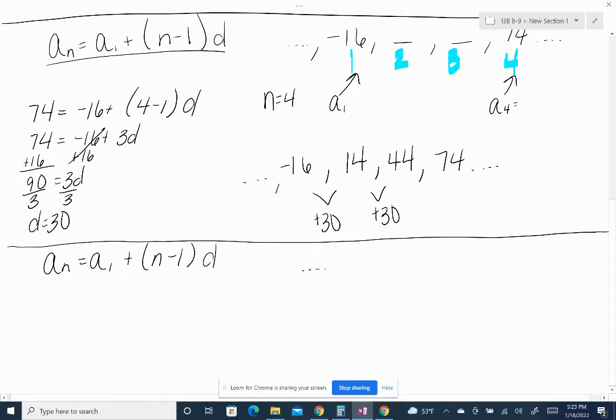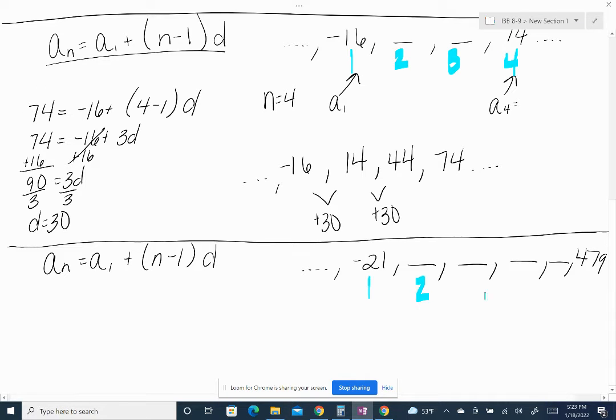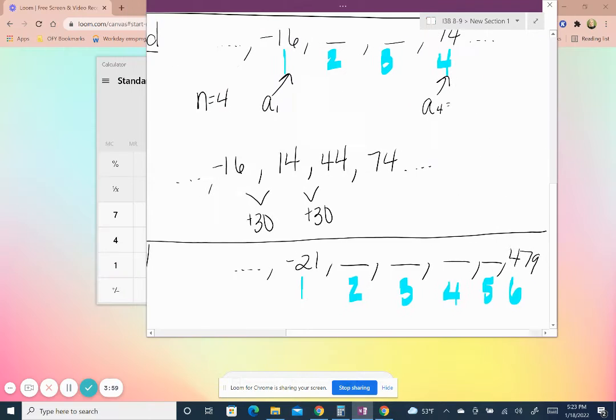Let's say we have some numbers, then negative 21, then 4 blanks, and then 479. I can count how many I have: 1, 2, 3, 4, 5, 6. I have 6 numbers, so my N is equal to 6.